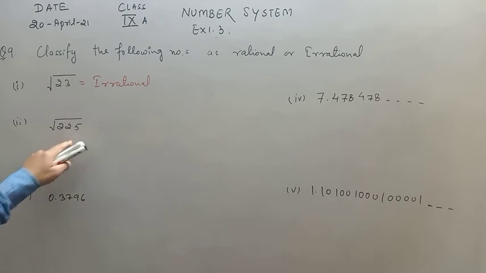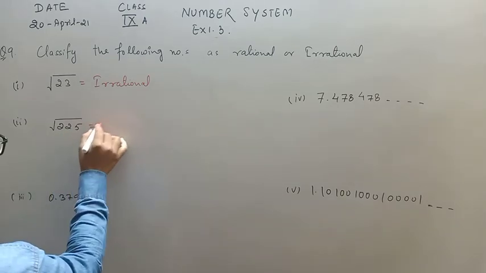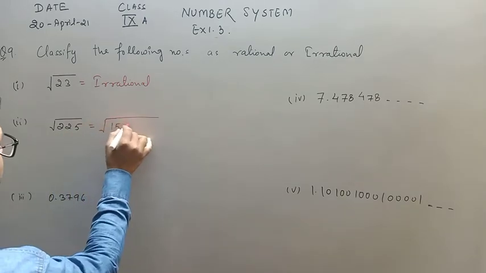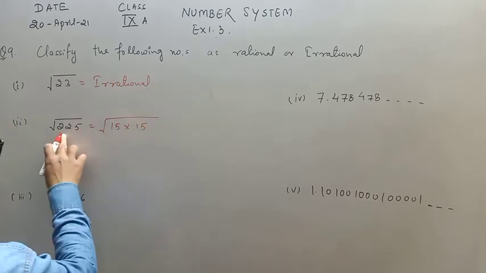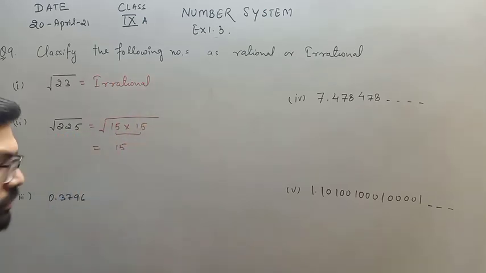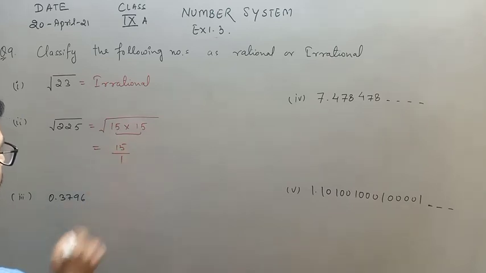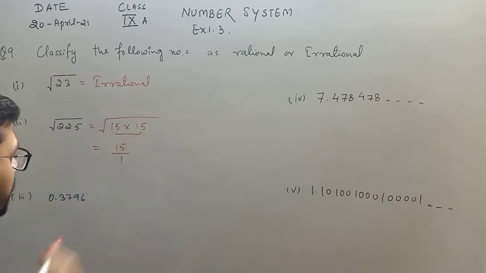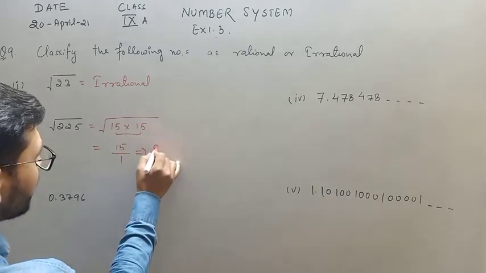But what about root 225? 225 can be written as 15 into 15. So the root will give me 15, right? Now 15 can be represented like this, 15 upon 1. So this is a rational number.